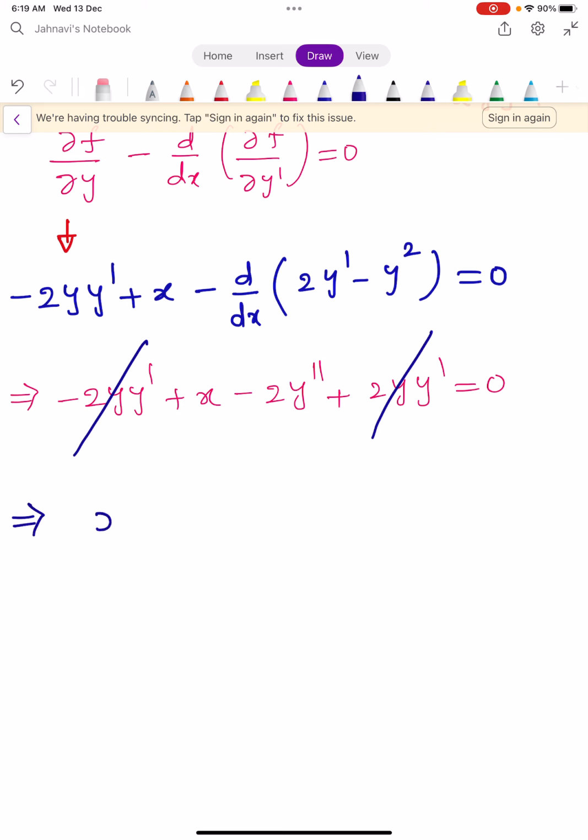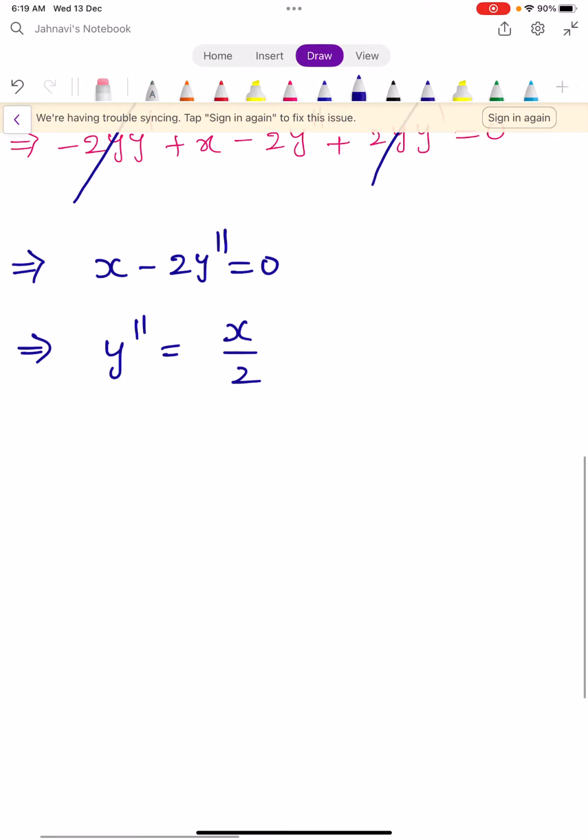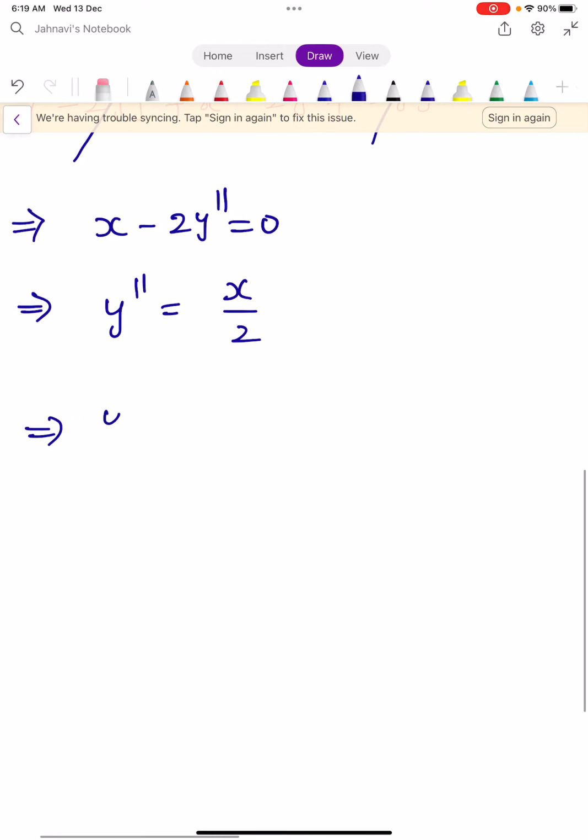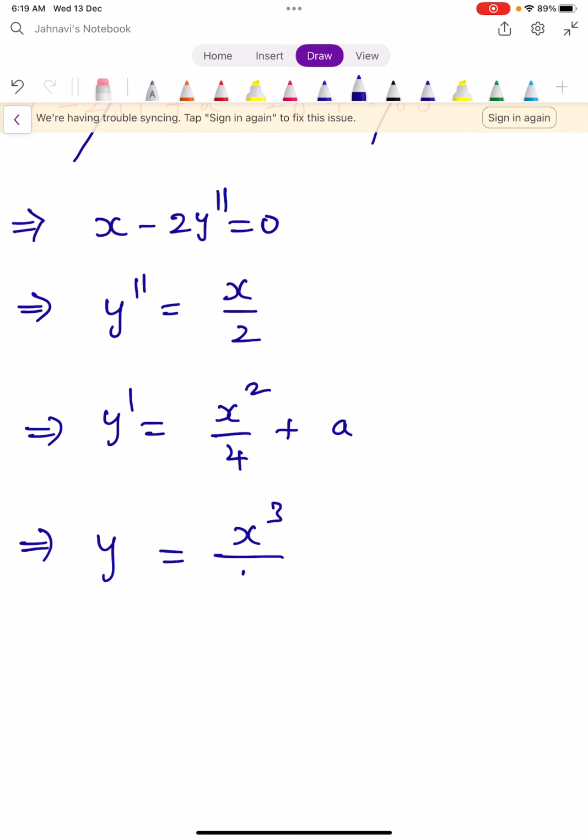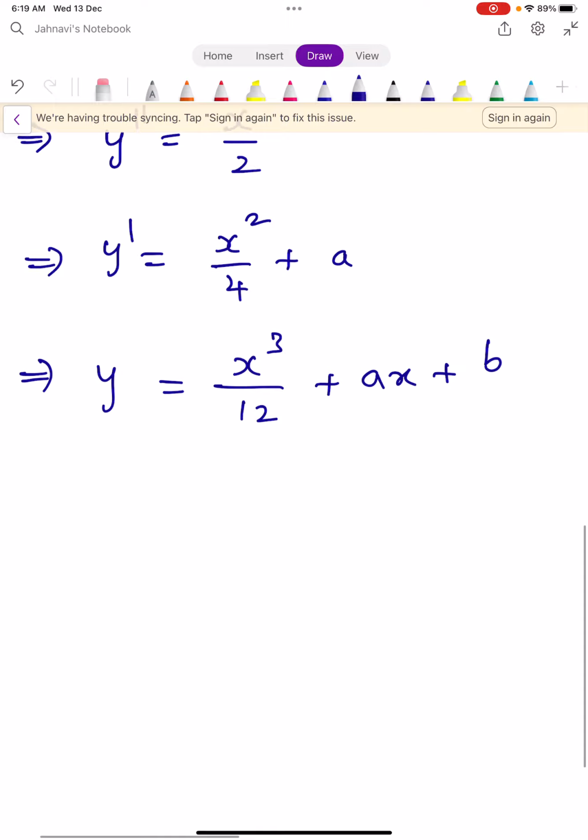So we get simply x minus 2y double dash is equal to 0, which implies y double dash is equal to x by 2. On integrating both sides, you get y dash is equal to x square by 4 plus some constant a. Again integrating, you get y is equal to x cube by 12 plus ax plus some integral constant b.